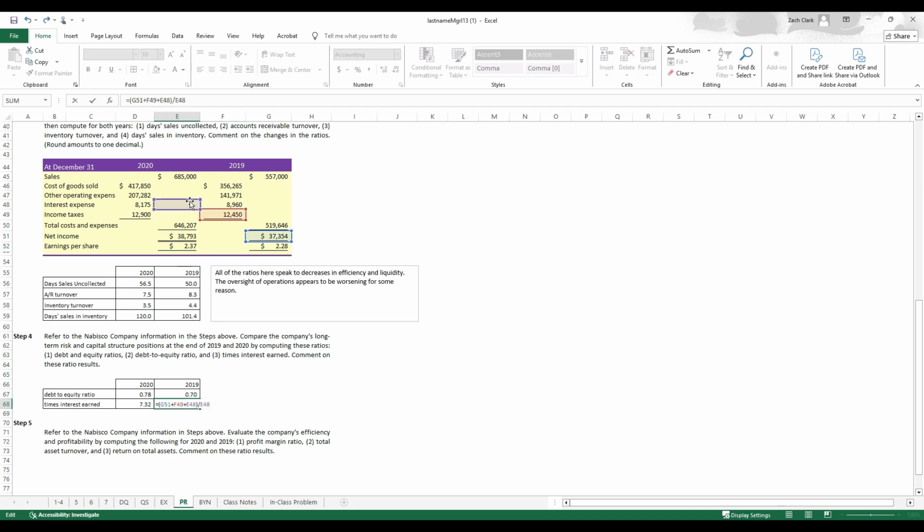Same deal here. We can just move these over. So that's good to see that our increase in the times interest earned ratio is at least positive. Most things are kind of going in the negative direction.